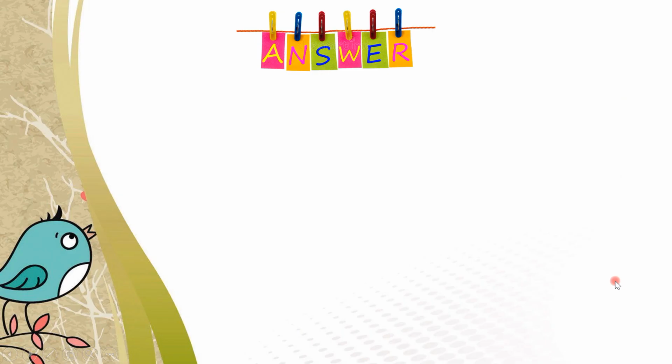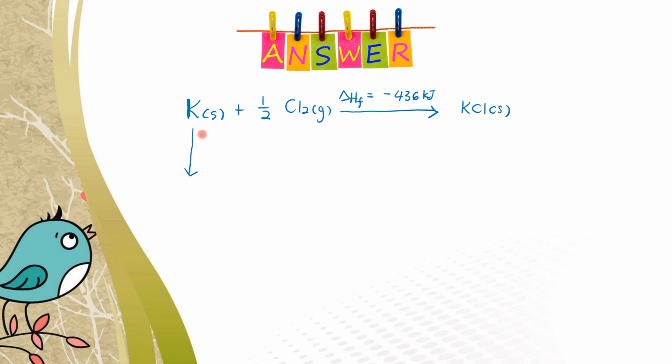Alright, next, what should we do? First, you have to write the enthalpy of formation equation, and label it on top of the arrow. And then from the metal here, it will undergo atomization. K solid produces K gas, and then label delta H atomization.